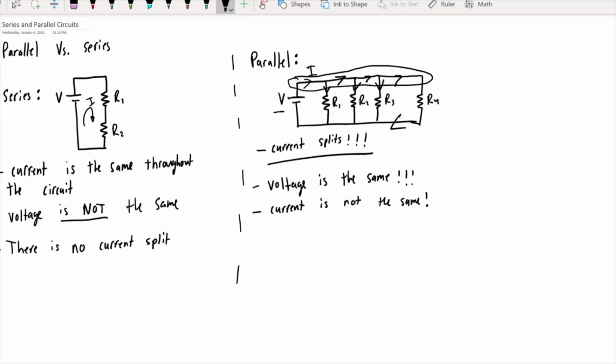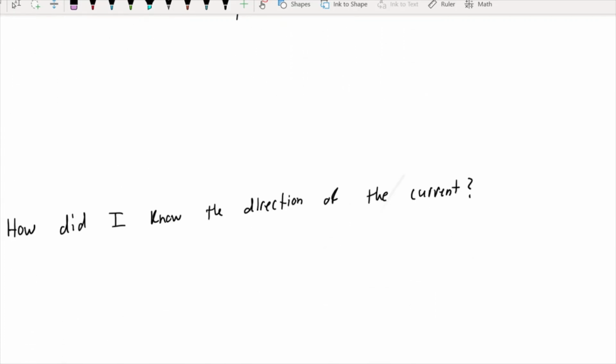So you could say the voltage drop across all these resistors is the same. Those are the key differences in distinguishing what's parallel versus what's series. Now that you know that, let's move on.